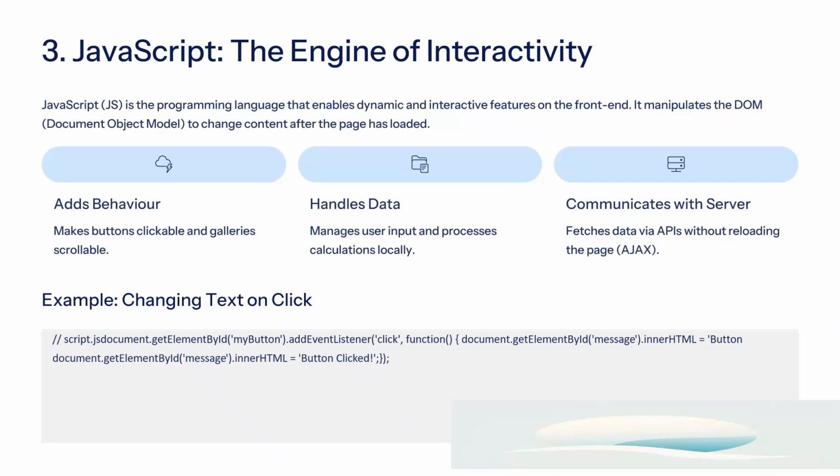On click we call a function, and that function has document.getElementById message in HTML, which changes to "button clicked". This example shows the power of JavaScript. No page refresh is needed. The change happens live in the browser.